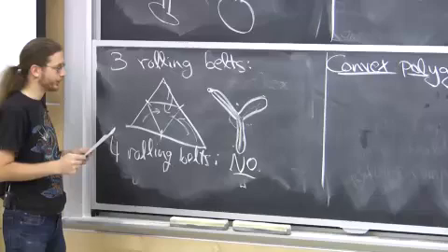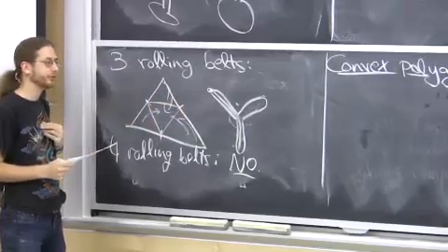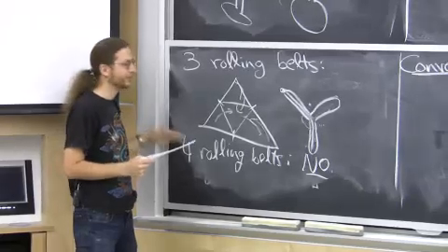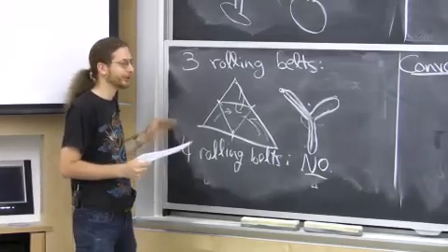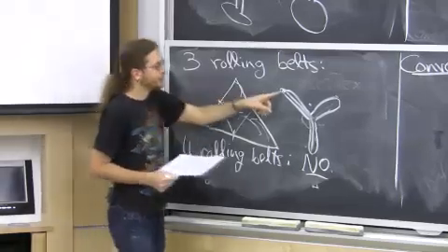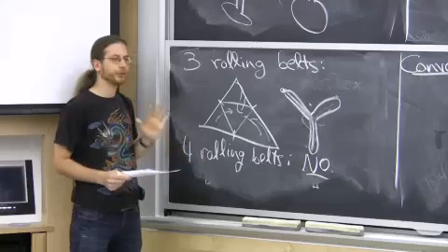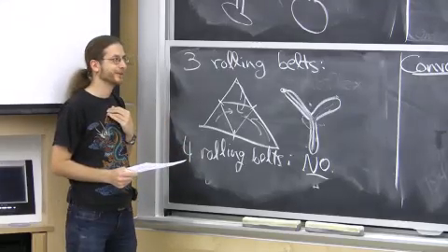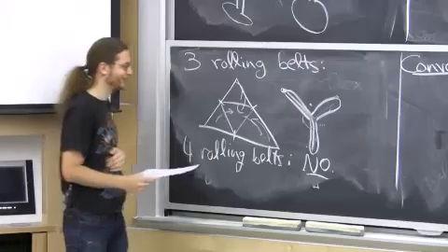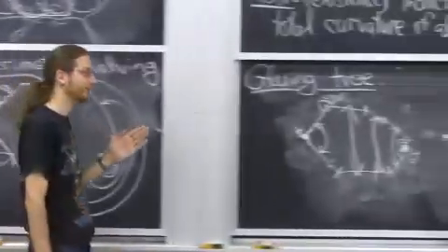If you have 4 rolling belts, even if they overlap, you have to have a lot of fold points, at least 4 of them. There has to be at least 1 fold point per rolling belt because they have different ends. At least one end is different. Here we had 3 fold points and 3 belts. If you have 4 rolling belts, at least 4 fold points. We know there's only 4 fold points, so it's exactly 4 fold points.